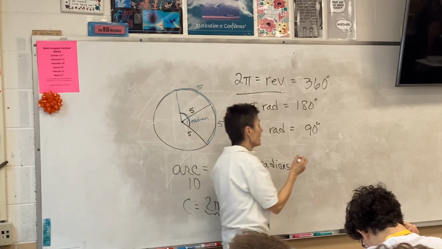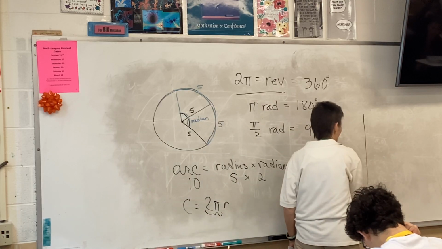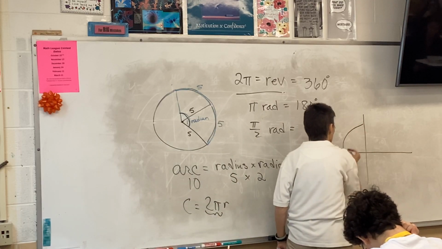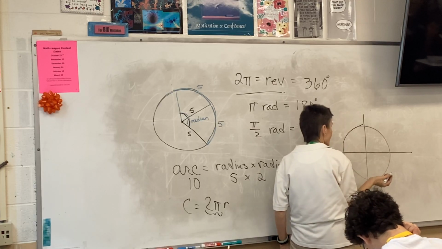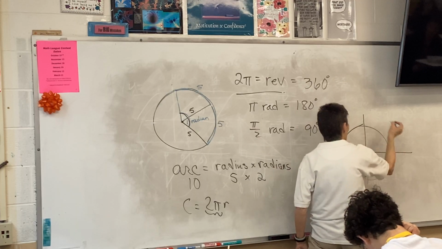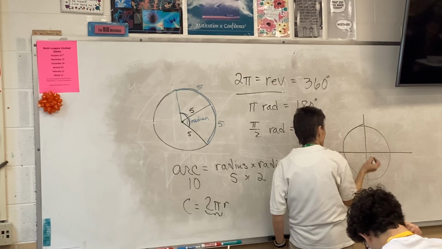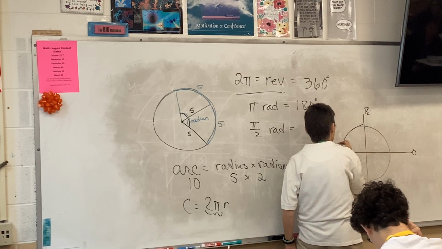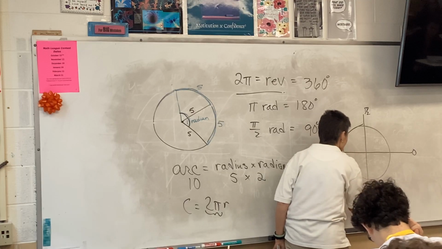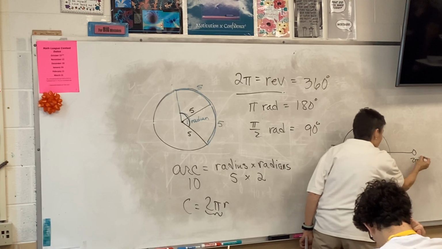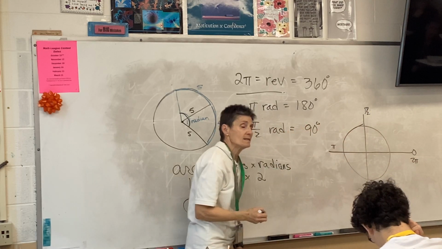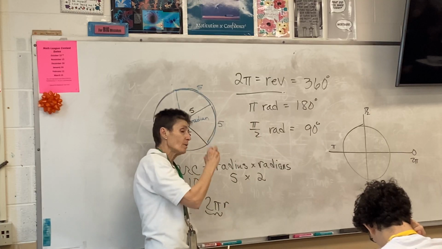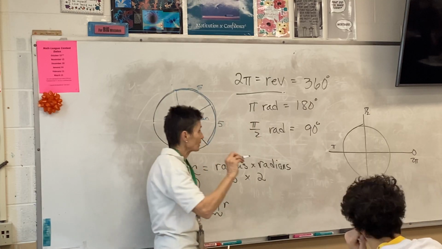Yesterday, when I drew my unit circle, and we're going to come back to that, we were in standard position, I had 0 and 90 and 180 and 270, but I also had these measurements. Do these make a little more sense today, now that we've talked about what a radian is? All the way around is 2 pi.